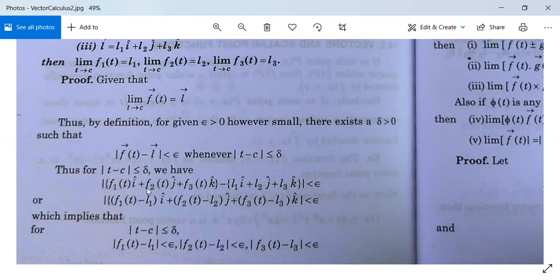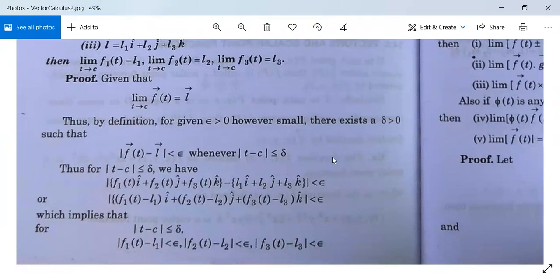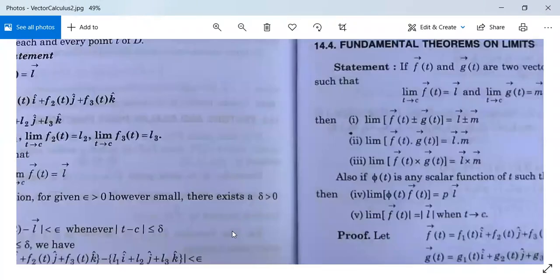So, modulus of f1(t)i plus f2(t)j plus f3(t)k minus L1i plus L2j plus L3k less than epsilon, or it can be written as modulus of (f1(t) minus L1)i plus (f2(t) minus L2)j plus (f3(t) minus L3)k less than epsilon, which implies that for mod t minus c less than or equal to delta, mod f1(t) minus L1 less than epsilon, mod f2(t) minus L2 less than epsilon, and mod f3(t) minus L3 is less than epsilon.